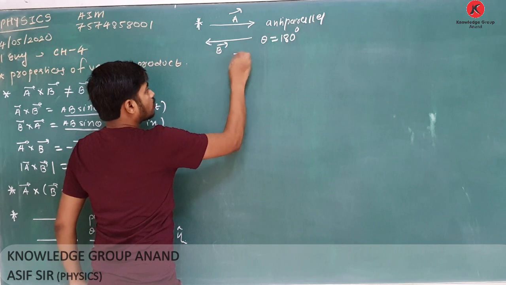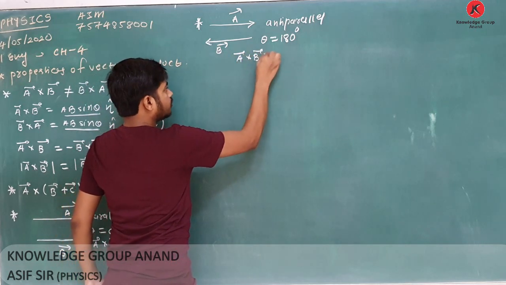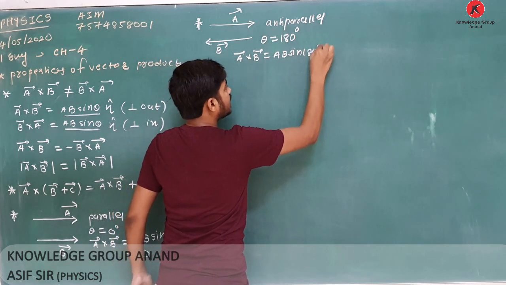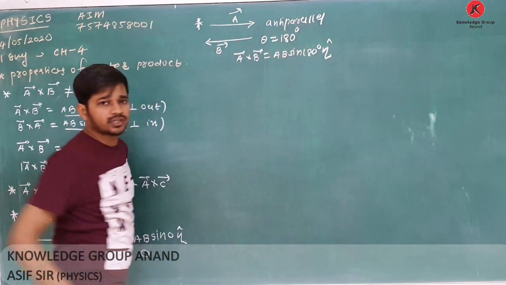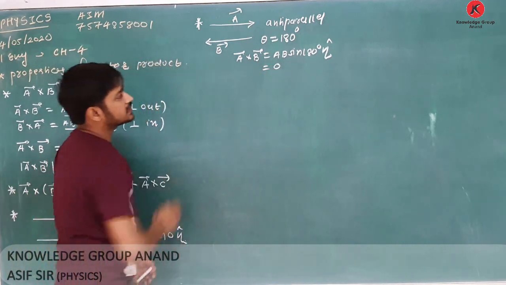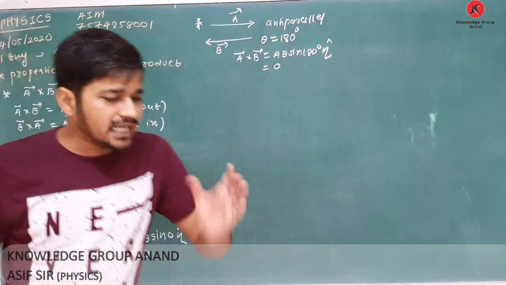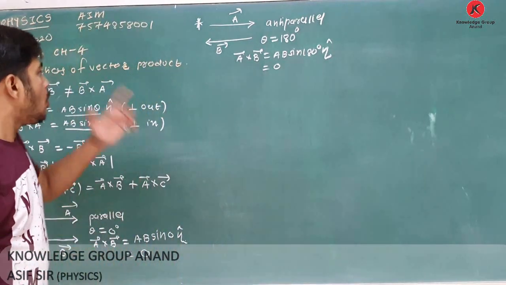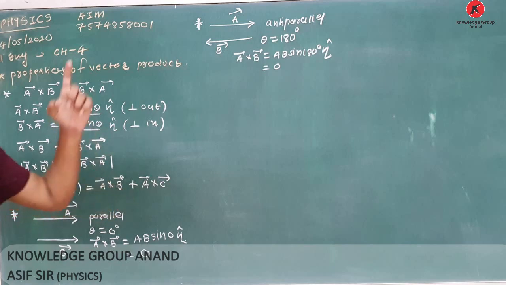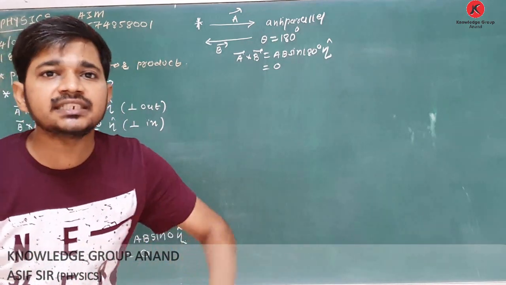So A cross B is equal to AB sin 180 degrees n caret. Sin 180 degrees is equal to 0, so again your answer is 0. You have to remember this point: when two vectors are parallel or anti-parallel, their cross product is 0.